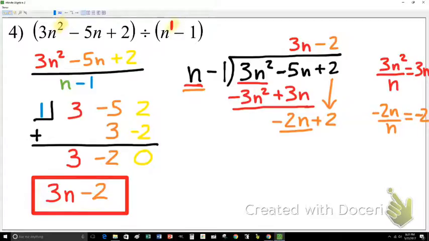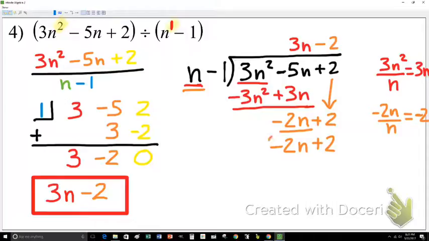And then all we have left to do now is multiply that negative 2 that we got times this whole binomial here. If we do so, negative 2 times n, that's a negative 2n. And negative 2 times a negative 1, that'd be positive 2.